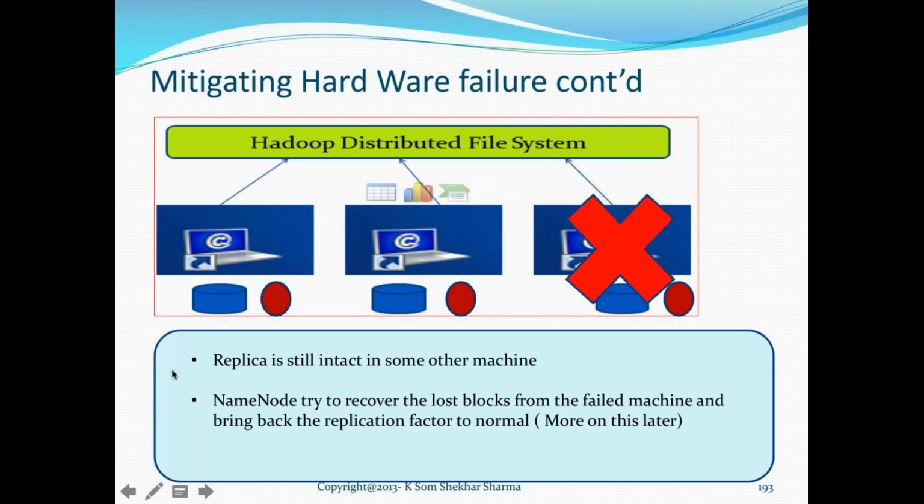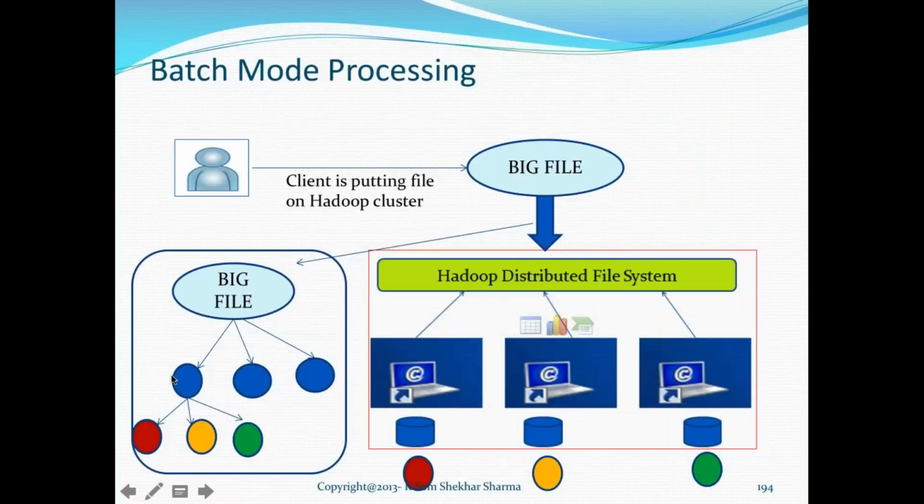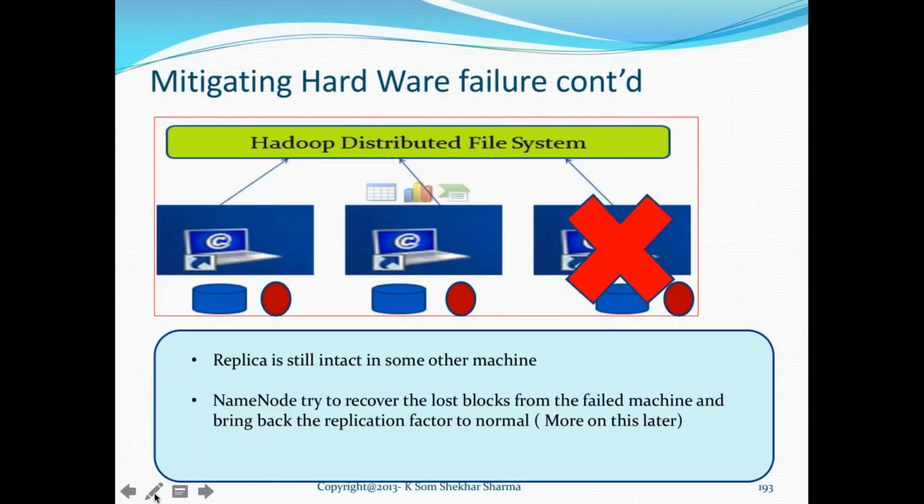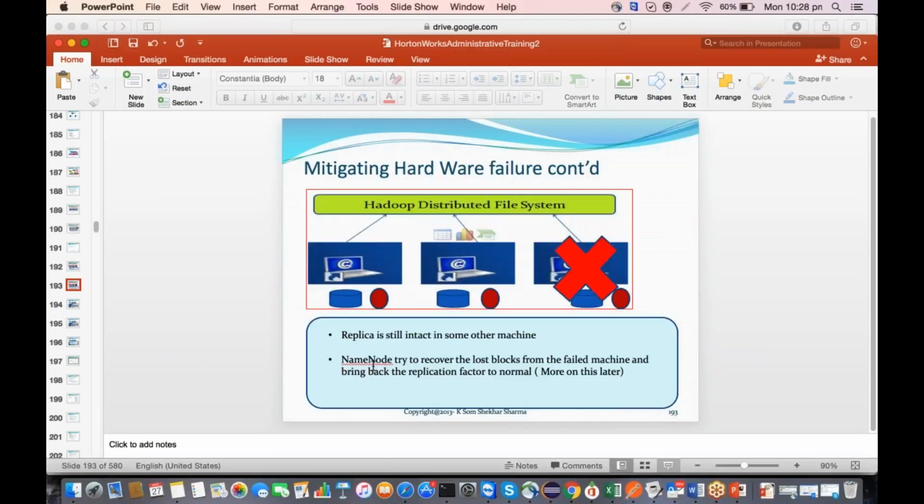Whatever I explained here, name node, very sorry, the name node tries to recover the lost blocks from the failed machine and bring back the replication factor to a normal level. This statement is a little confusing, so let me change it.